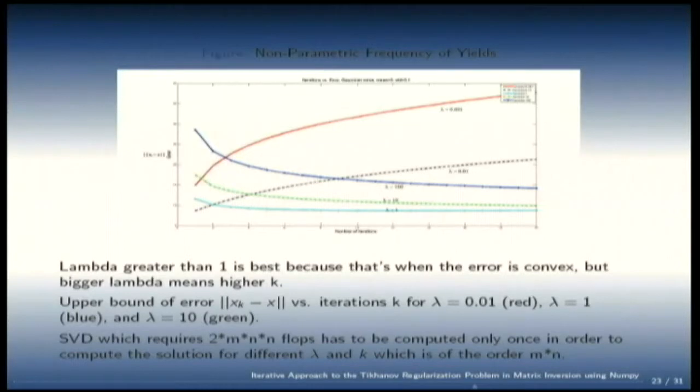But what's cool is that this solution is not too sensitive to which lambda you choose as long as it's greater than 1. Because as you can see, if it's less than 1, it shoots off into the distance. So remember, this is xk minus x, the difference between the kth iterate and the true solution, shooting off into infinity.